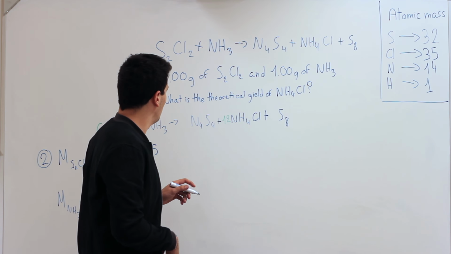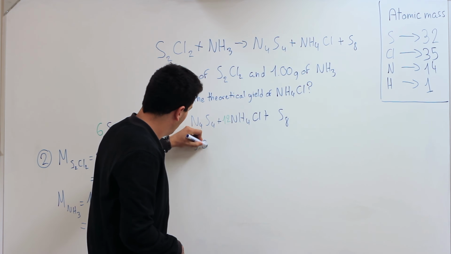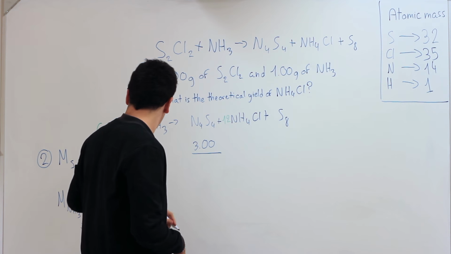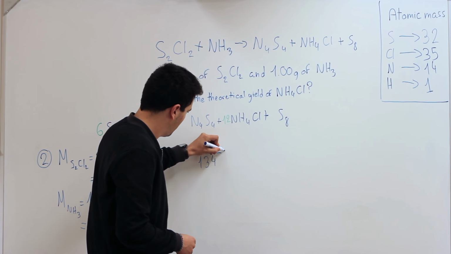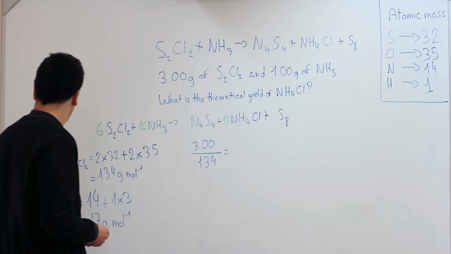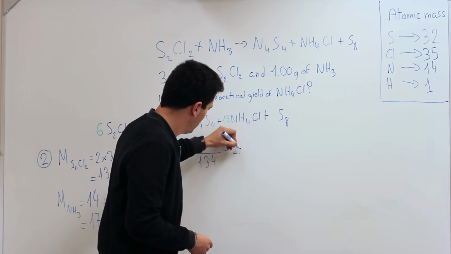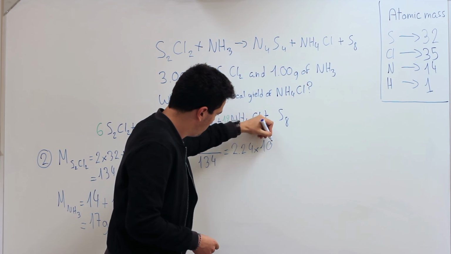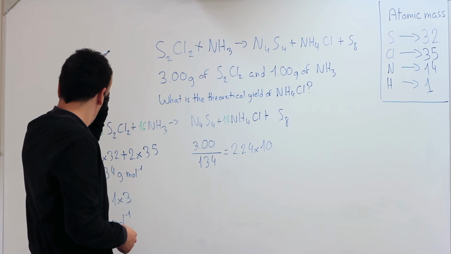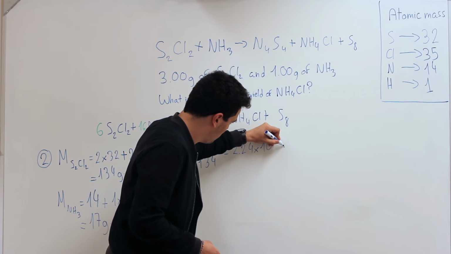So for S2Cl2, it's 3.00 divided by 134, which is equal to 2.24 times 10 to the power of minus 2 moles.